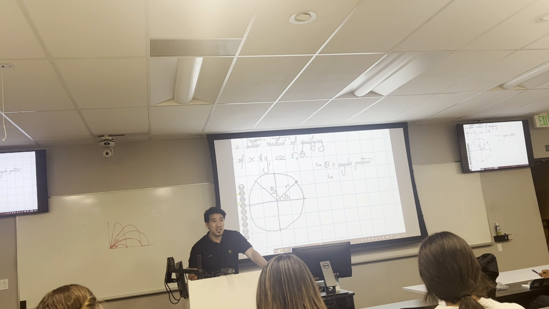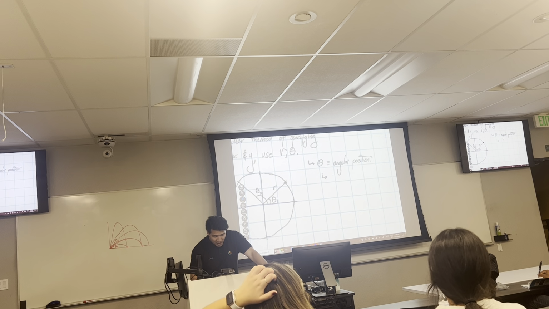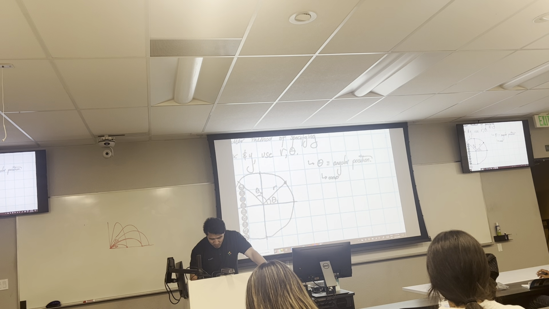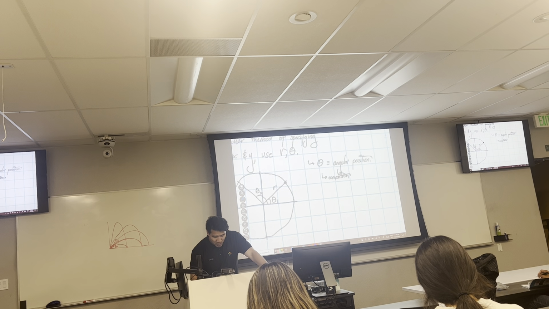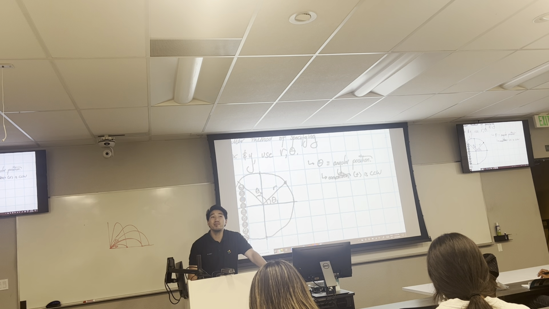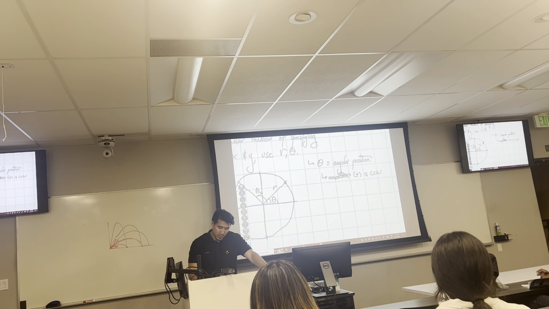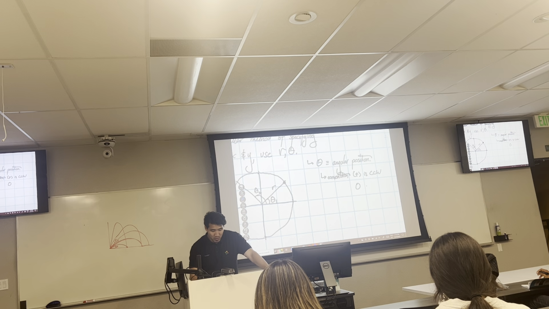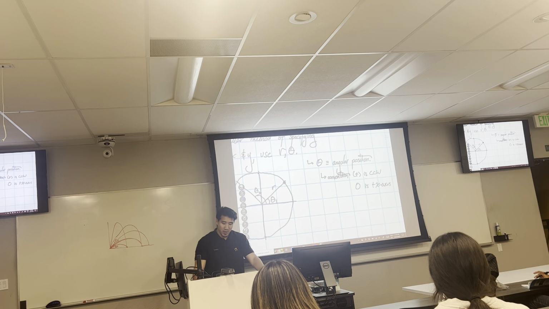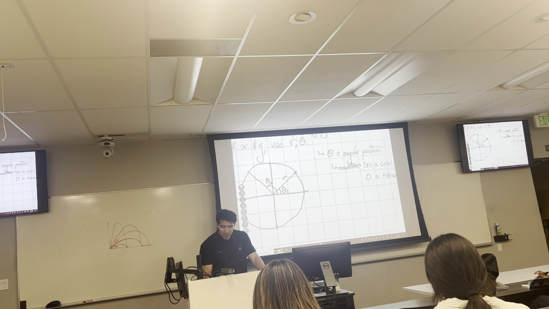And for this, we need to revisit a convention. By convention, positive is counterclockwise. 0 is the positive x-axis. So the x-axis would be right at that line right here.